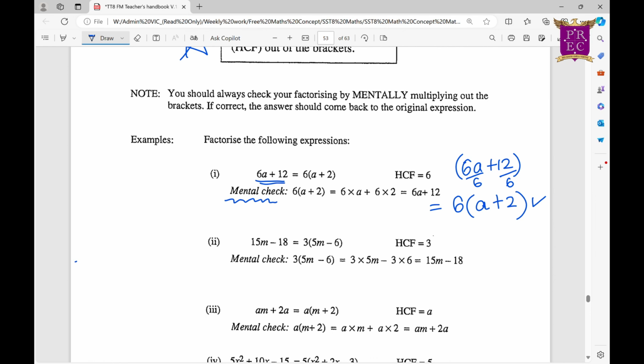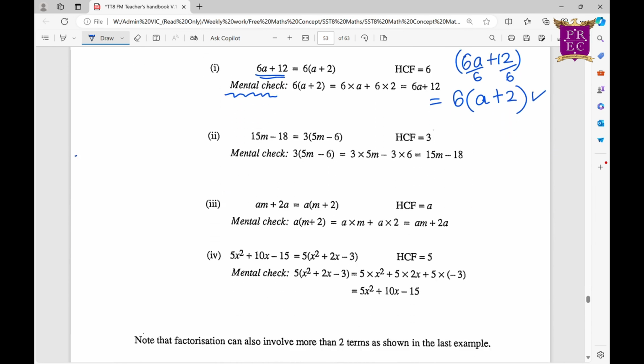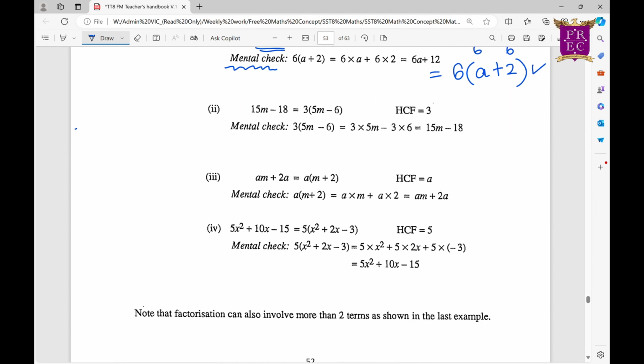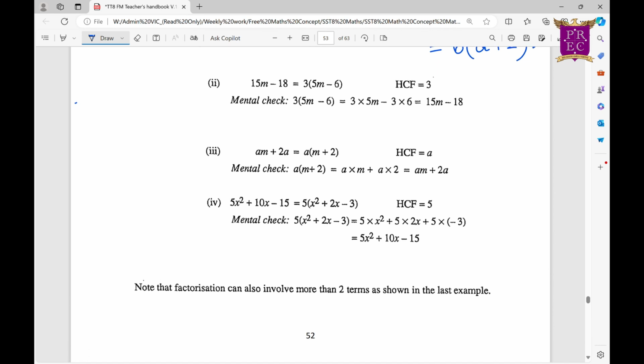If it does, then you got the factorization correct. And you can notice here that the highest common factor can sometimes be a pronumeral. It doesn't always have to be a number.